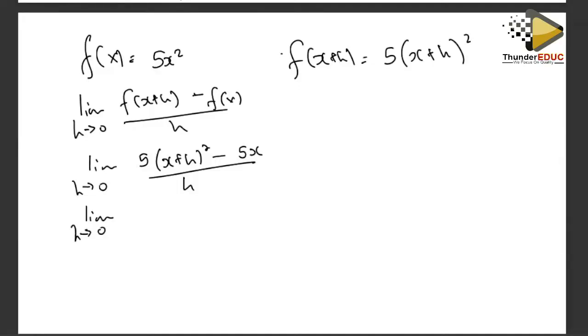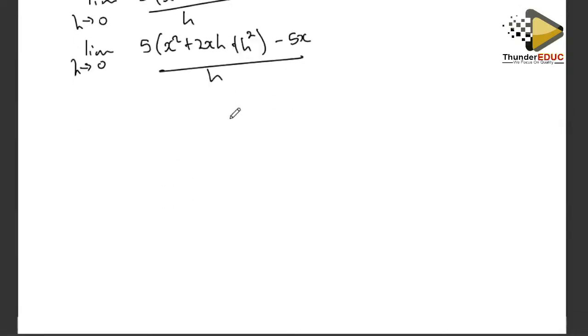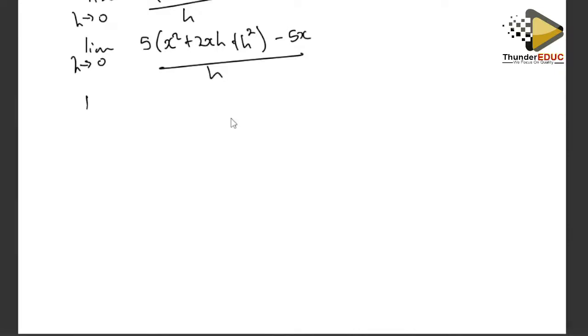You open that up, so it's going to be x squared plus 2xh plus h squared, minus 5x squared over h. Okay, open the brackets. We keep the limits flowing.